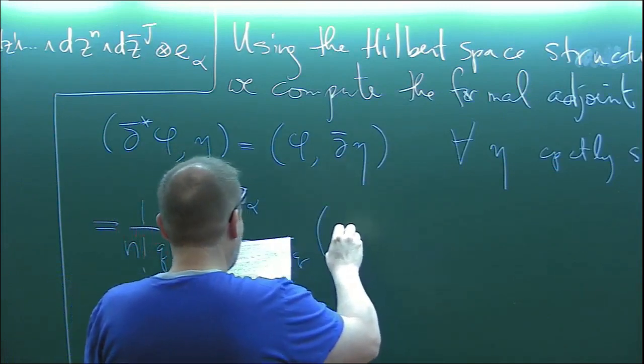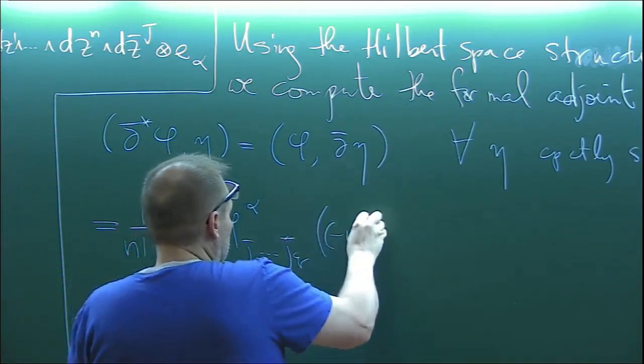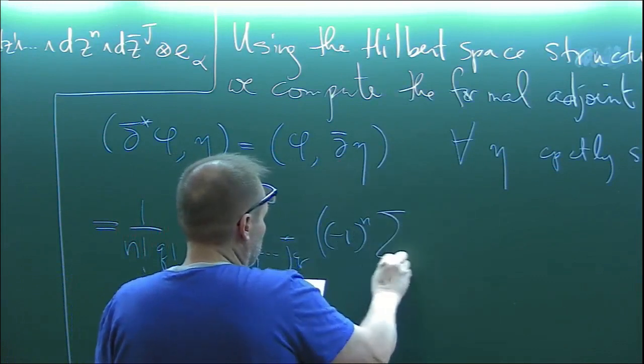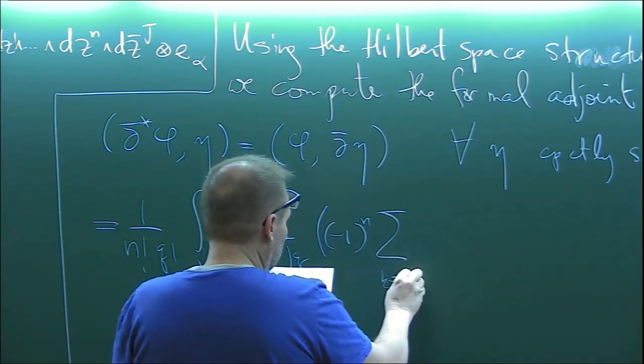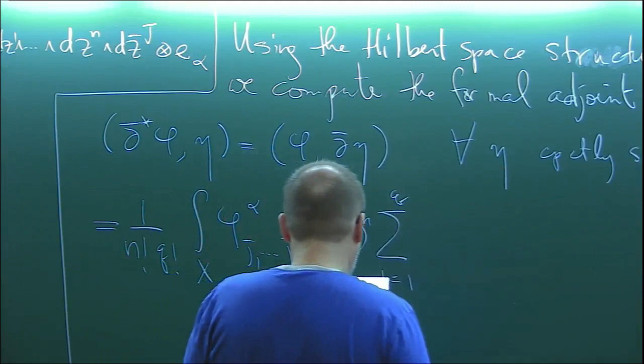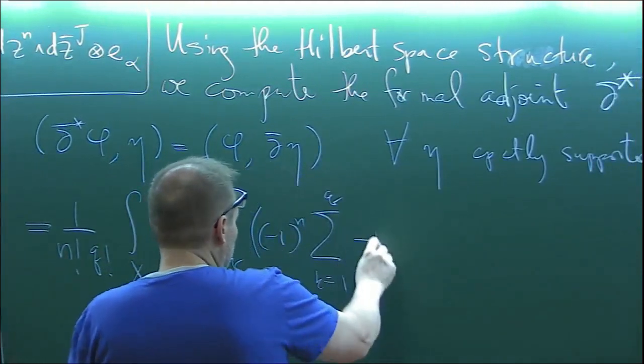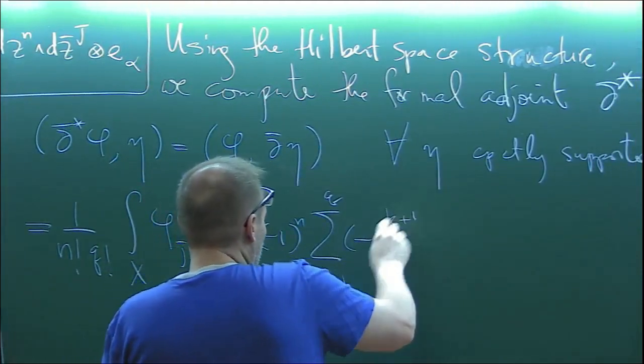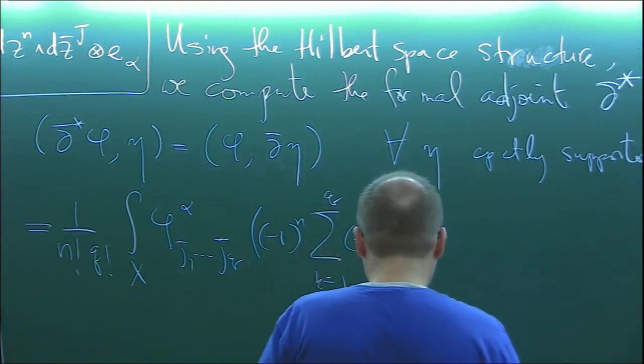So this will be -1 to the n, summation k going from 1 to q, -1 to the k plus 1 or -1, whichever, they're the same.